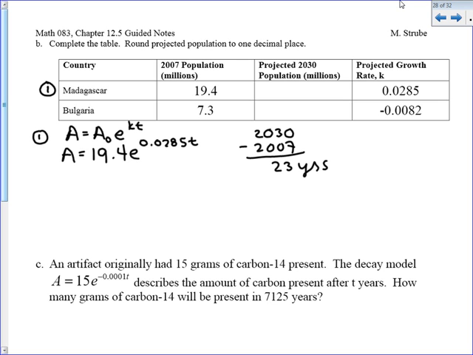So all we have to do is go into our equation and substitute in place of t 23 years. And for most of you, when you use your calculator, make sure you put parentheses around what you're multiplying in the exponent.